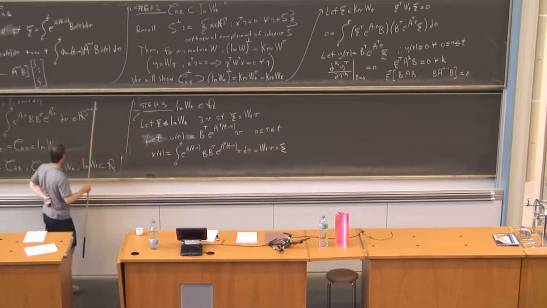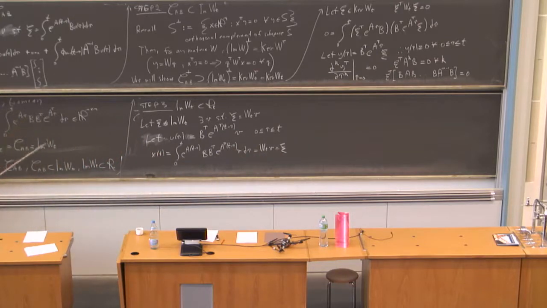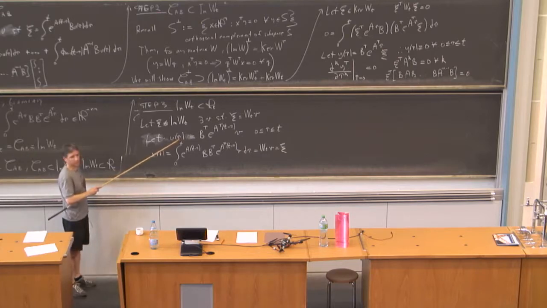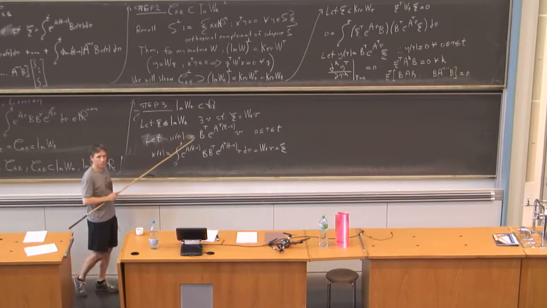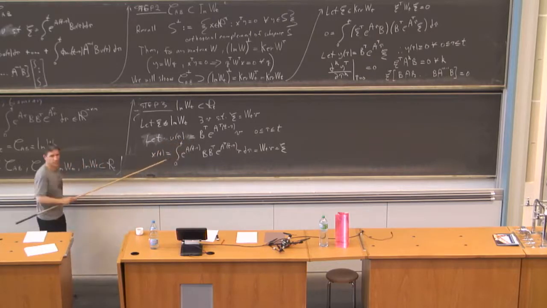What I really like about this result, and I don't have time to prove it, but for those that are interested, I can point you in the right direction, is that out of all the U's, this is not unique, right? Out of all the U's that do the job, it is the one of minimum energy. It has the smallest 2 norm out of all the U's that will drive you to that state.